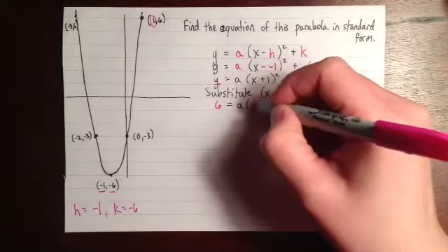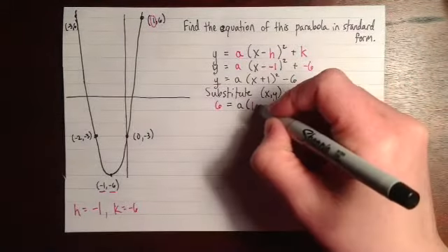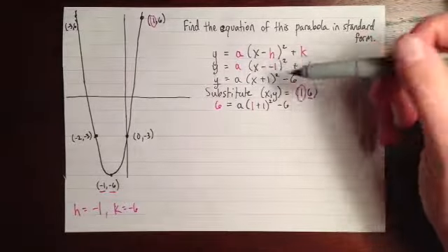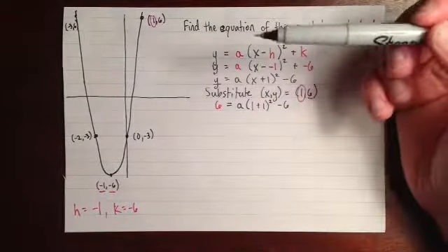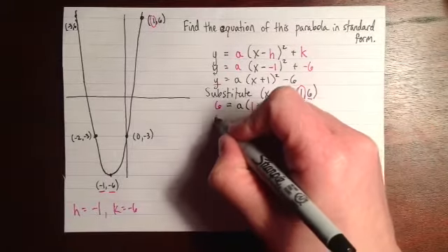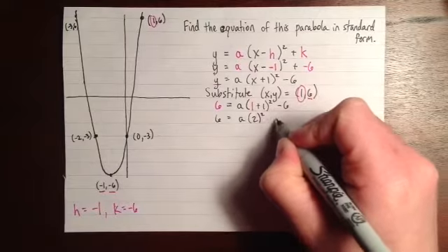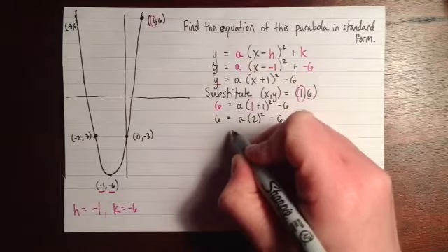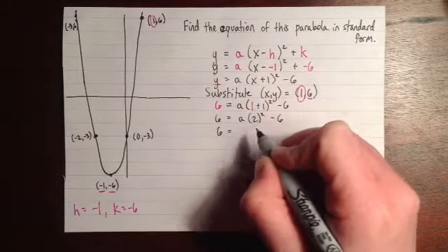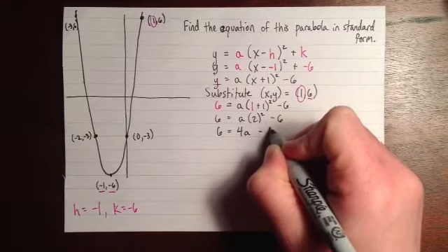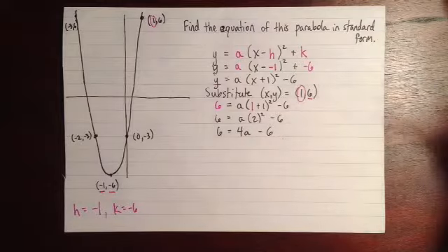So it'll be 1 plus 1 squared minus 6. I just replace my x and y with the coordinates from this point. So now we've got 6 equals a, 1 plus 1 is 2 squared, minus 6. Then 2 squared is 4, so I'll write that as 4a instead of a times 4. 6 equals 4a minus 6.